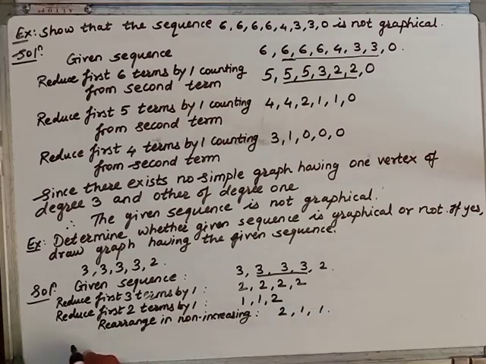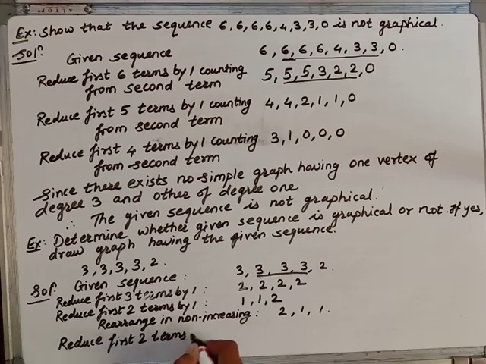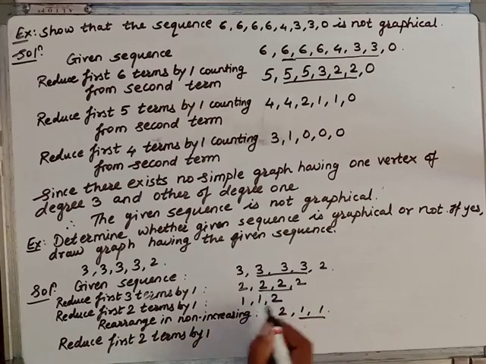Now again reduce the first 2 terms by 1, counting again from the second. This one we have to reduce now. What does it give? 0, 0. So we get 0 here.